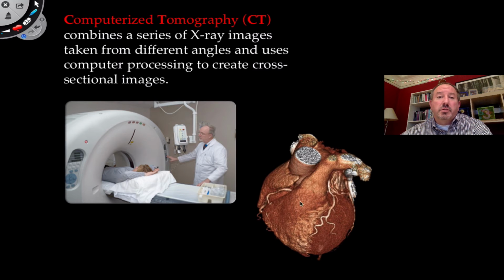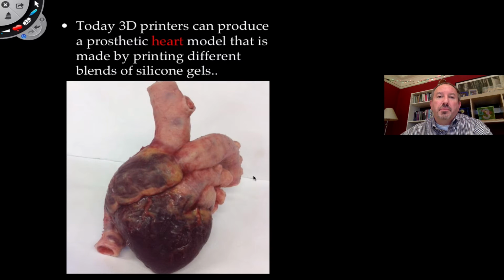As a result of CT scans, we're able to import that into 3D printers. And 3D printers can actually produce three-dimensional structures. And we can construct a prosthetic heart. It's a model. Instead of using the typical powder, it's a blend of different silicone gels, and it's really, really realistic. It's kind of incredible.